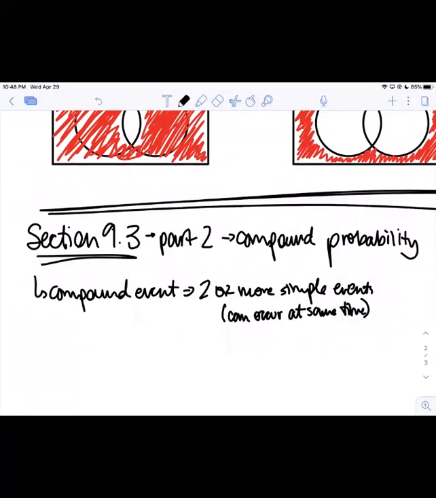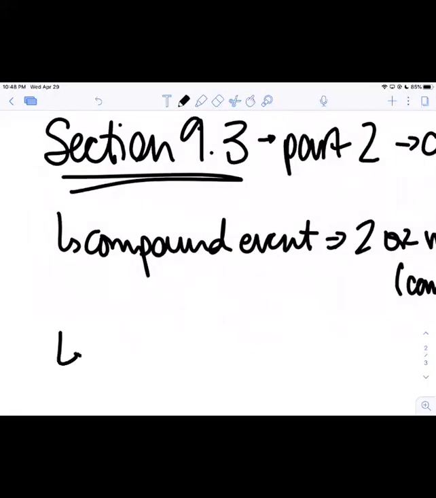So the first type of these kind of probabilities we're going to look at is the probability of either of two events happening. So either this occurs or that occurs, and then both of those count as successes. Both of those are okay for us.